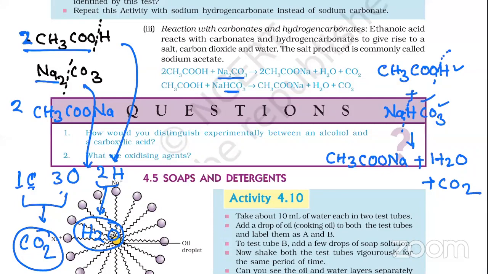These are the substances which can add oxygen to other substances. For example, KMnO4 or K2Cr2O7.